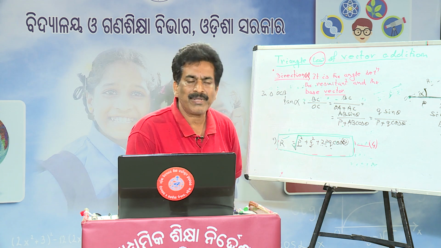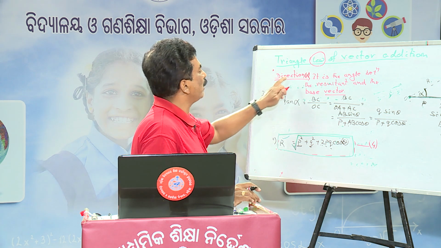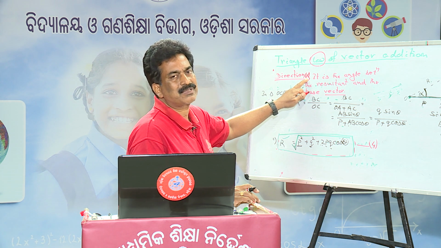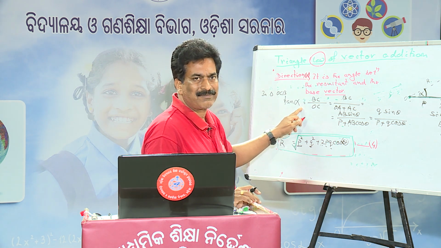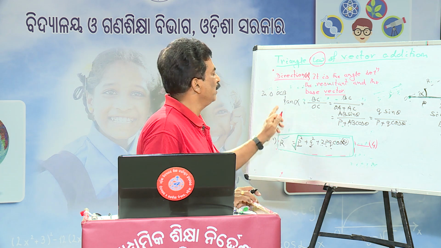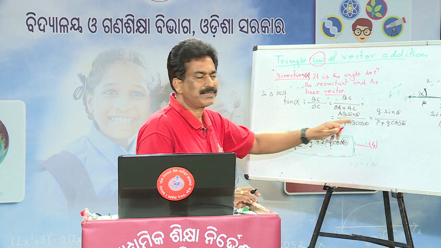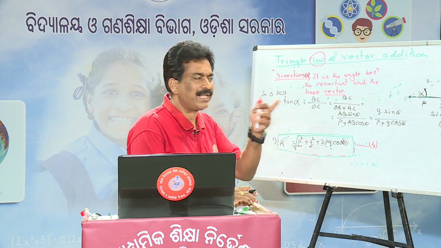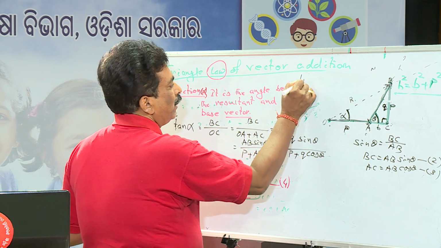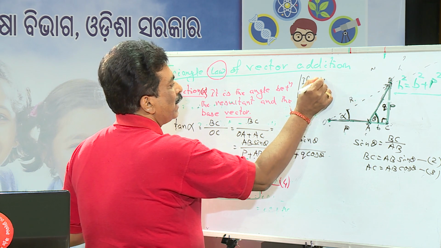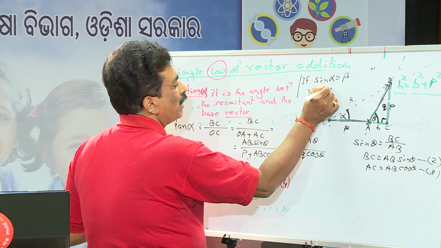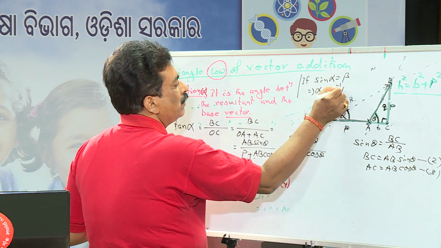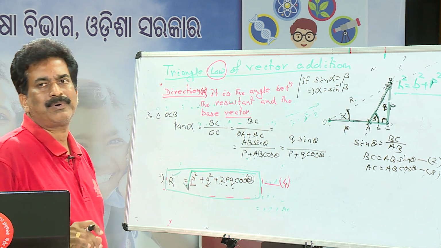But for which one are we interested? To know its direction, means we are interested in the value of alpha, but this is tan alpha. And in mathematics, if tan alpha is equal to something, then alpha is equal to tan inverse of that. If sin alpha is equal to beta, then alpha is equal to sin inverse of beta.